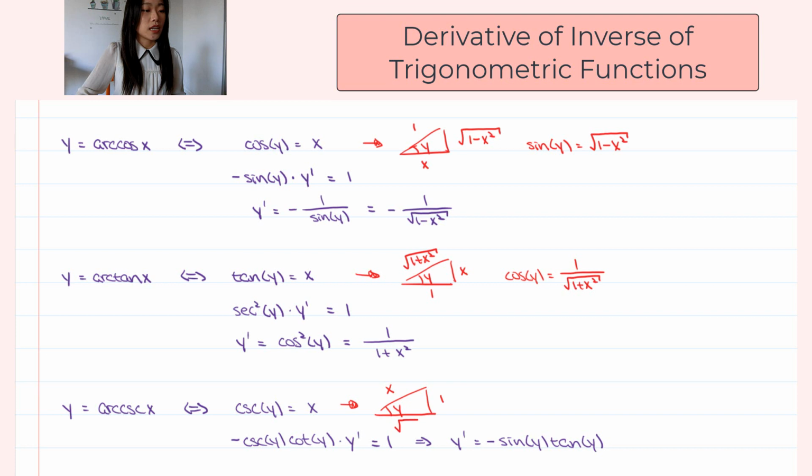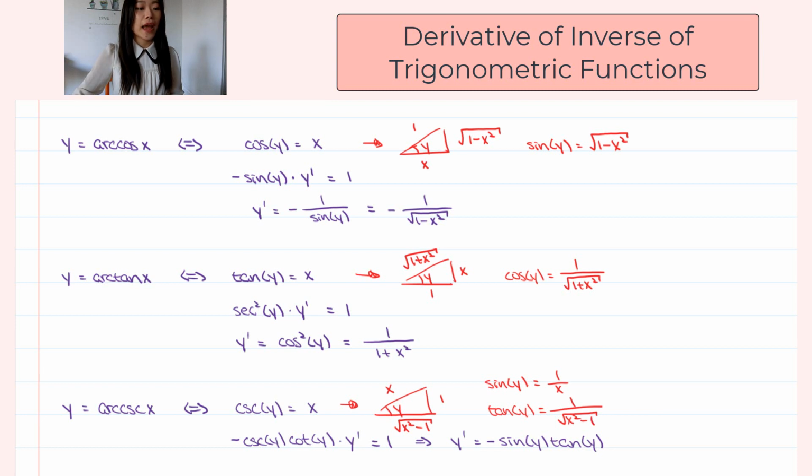So the adjacent is the square root of x squared minus 1. So sine of y from the triangle equals 1 over x. And tangent of y, using the triangle, equals 1 over the square root of x squared minus 1.